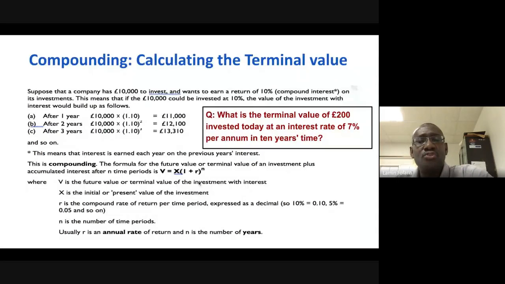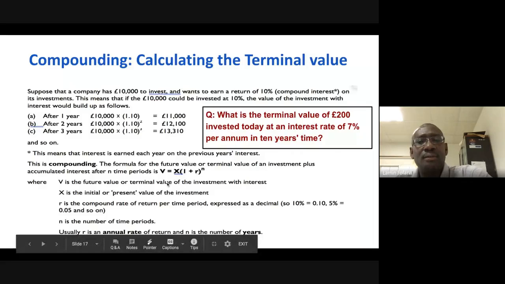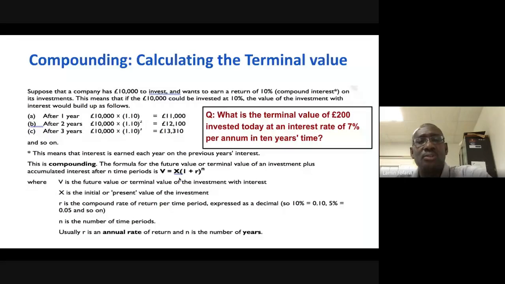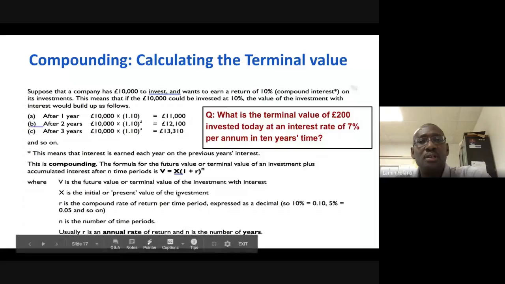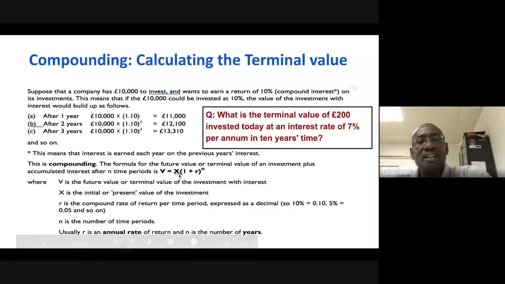If we're going to do the discounting, instead of V equals, we will say X equals. That means we are going to make X the subject of the formula. So we say X into (1 plus R) raised to power N equals V. Then X will be equal to V, instead of being multiplied by (1 plus R) raised to power N, it will be divided by, because X into the bracket (1 plus R) to power N means X multiplied by.